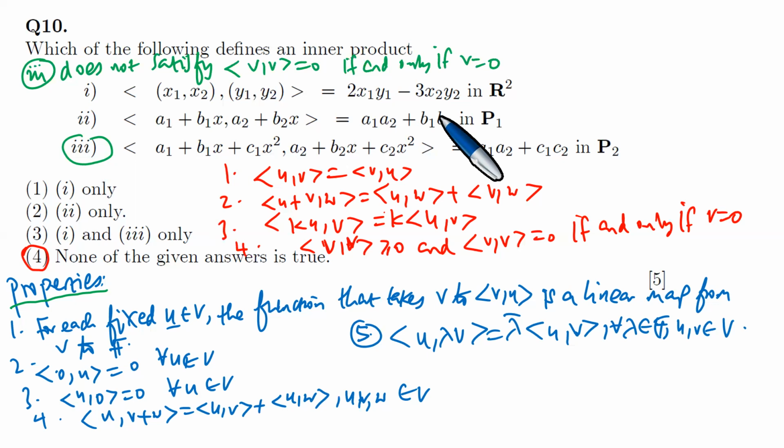Why would we say that? We would actually say that because if you look at the inner product, 0 plus 0x plus 2x squared, inner product, 0 plus 0x plus 3x squared.